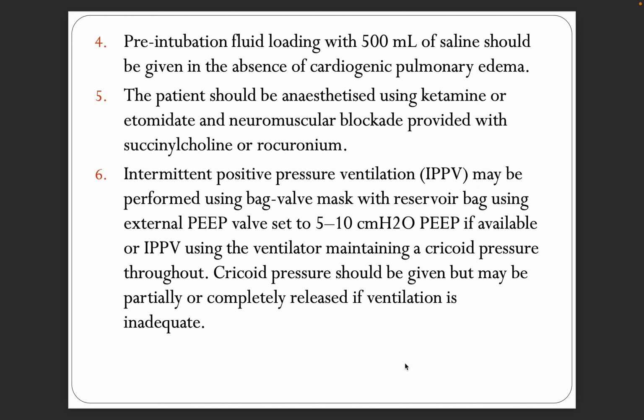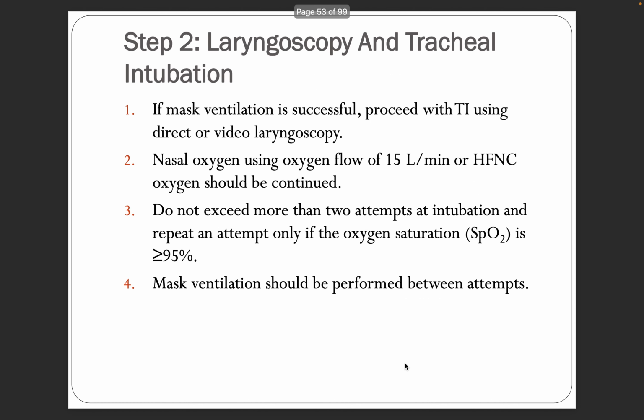And IPPV may be performed using a bag mask with a reservoir bag using external PEEP of around 5 to 10, or IPPV using a ventilator maintaining a cricoid pressure all throughout, but it may be partially or completely released if ventilation is inadequate. So if the patient is getting ventilated, that means that you're allowing that air to go through the vocal cords.